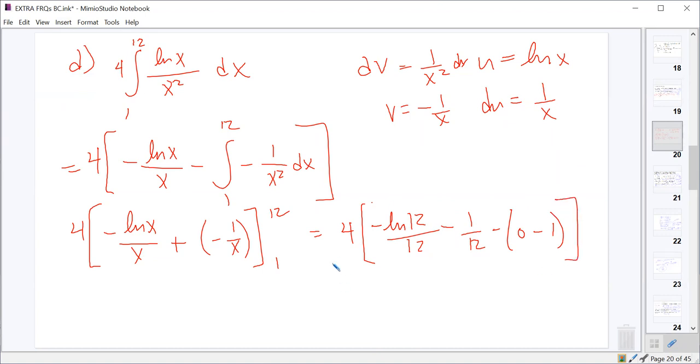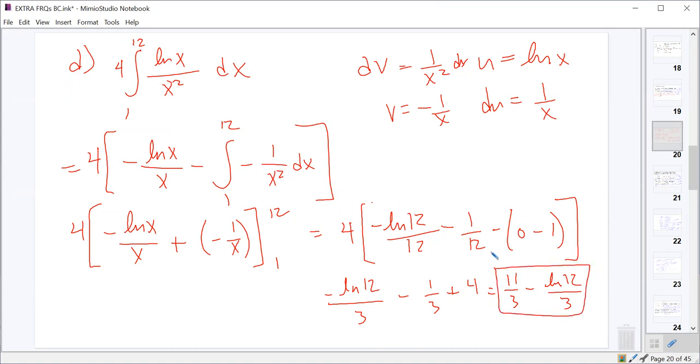So it looks like, if we pull this 4 through, we've got negative 4 ln 12 over 12, which should just be negative ln 12 over 3, minus 1/3, and then plus 1. I didn't multiply that one by 4, so it's plus 4. There we go. So negative ln 12 over 3 minus 1/3 plus 4, which should equal 11/3 minus ln 12 over 3.